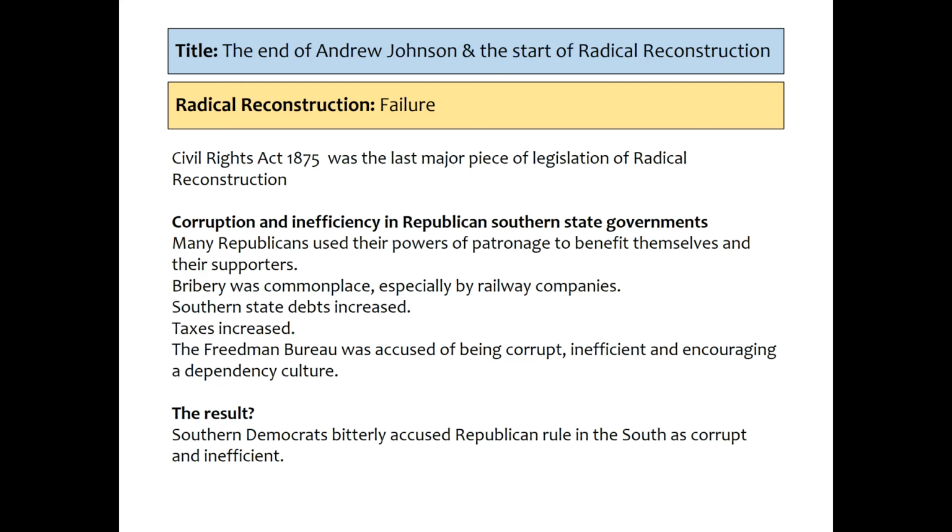Southern states' debts increased, taxes increased, and the Freedmen's Bureau was being accused of being corrupt. The result was that Southern Democrats were bitterly opposed to Republican rule in the South, as it was seen as corrupt and inefficient, and so they really did become unified in their opposition. Had they been less so, moderate Southern Democrats may not have joined this battle.